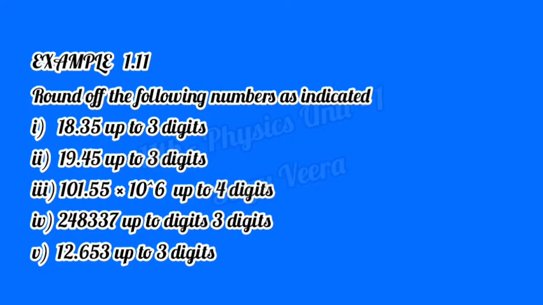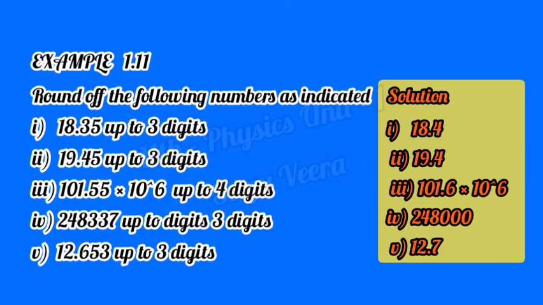For example, 1.11, rounding off the following numbers as indicated. First one, 18.35 up to 3 digits, the answer is 18.4. Second one, 19.45 up to 3 digits, the answer is 19.4.